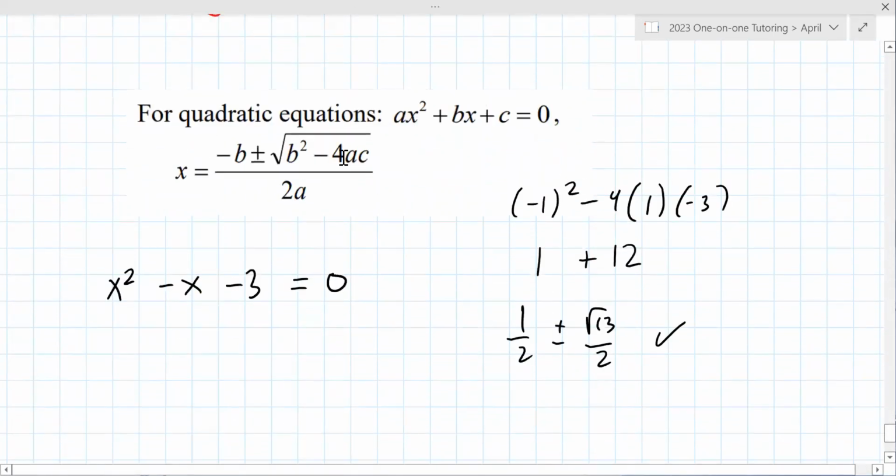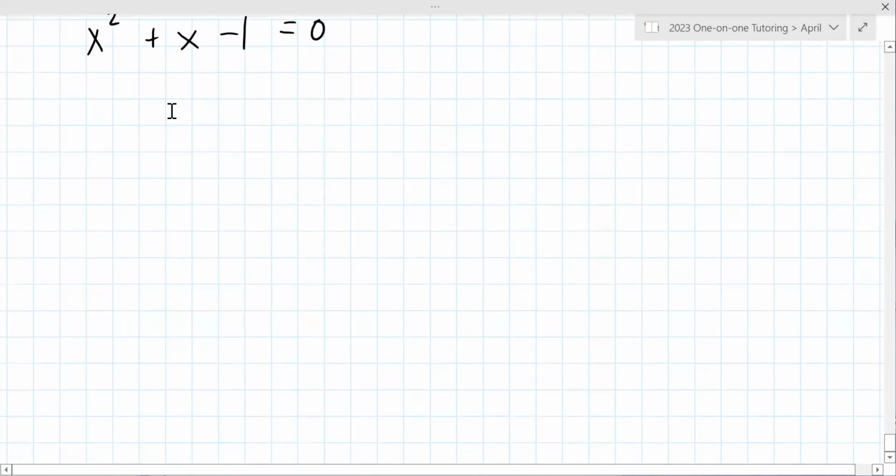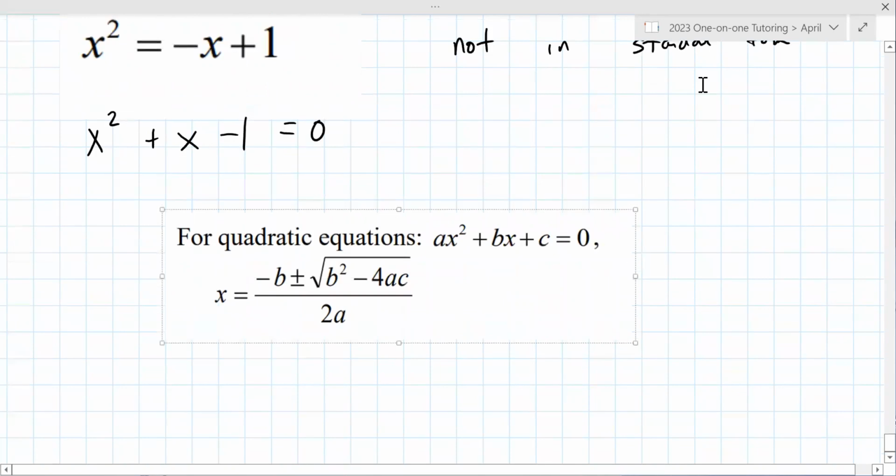So let me grab the quadratic formula again. Alright.